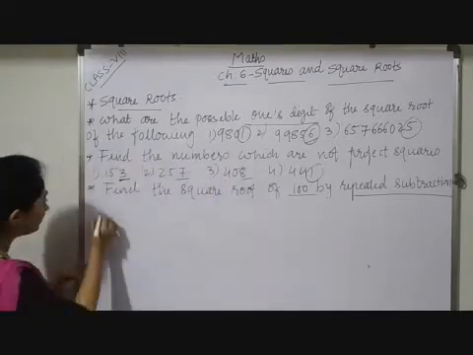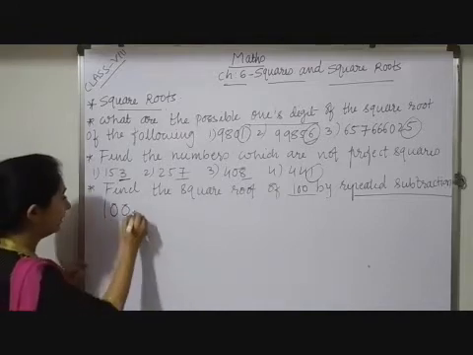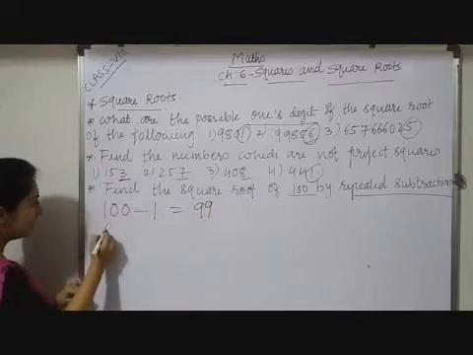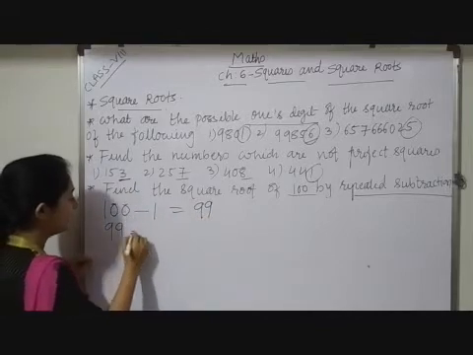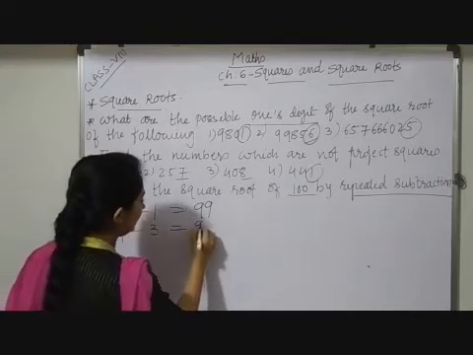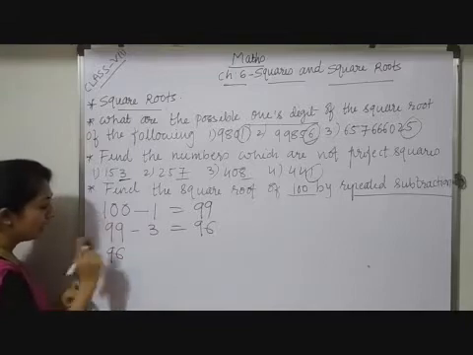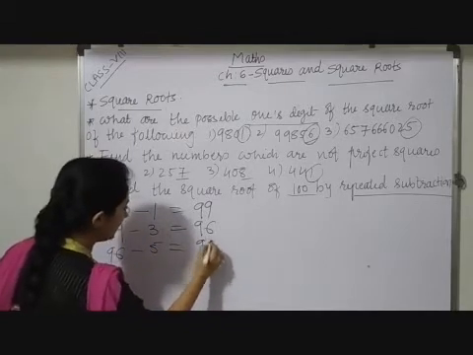Now see, here my number is 100. The lowest natural number is 1. So 100 minus 1 is 99. Now that will be my question. Next odd number is 3. So 99 minus 3 gives 96. Now 96 will be my question. After that the next odd number is 5. So here we will get 91.